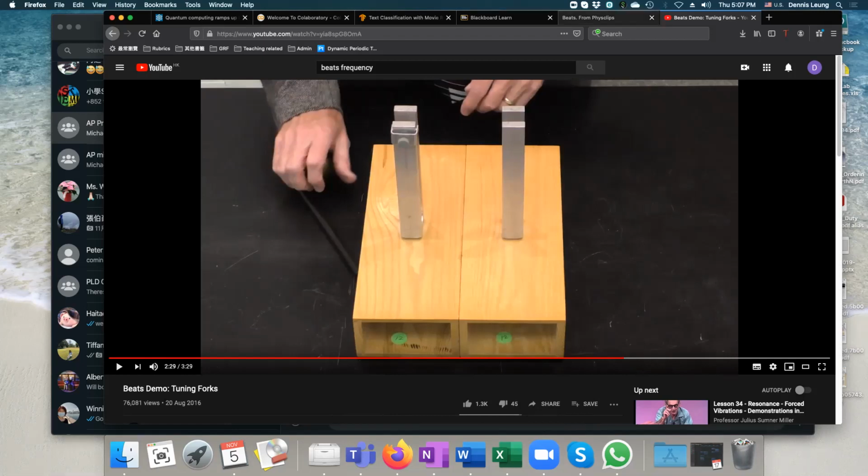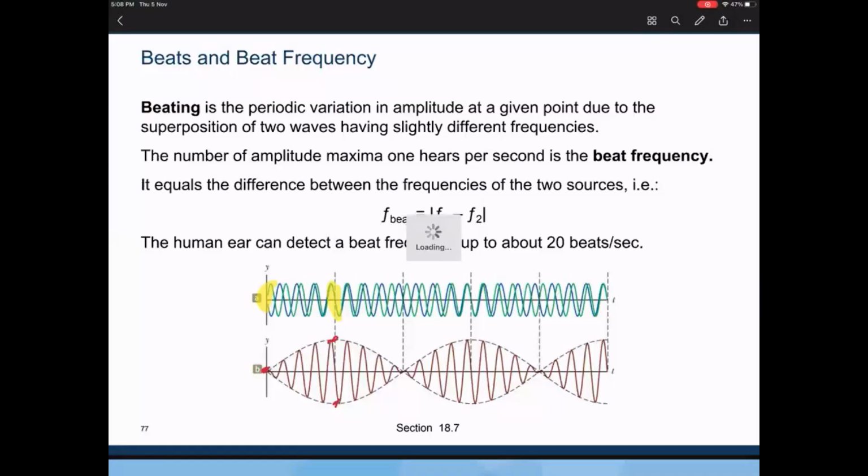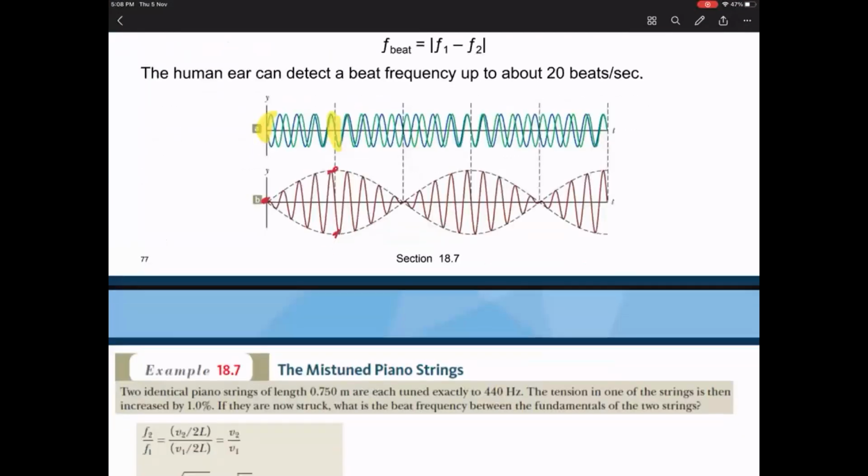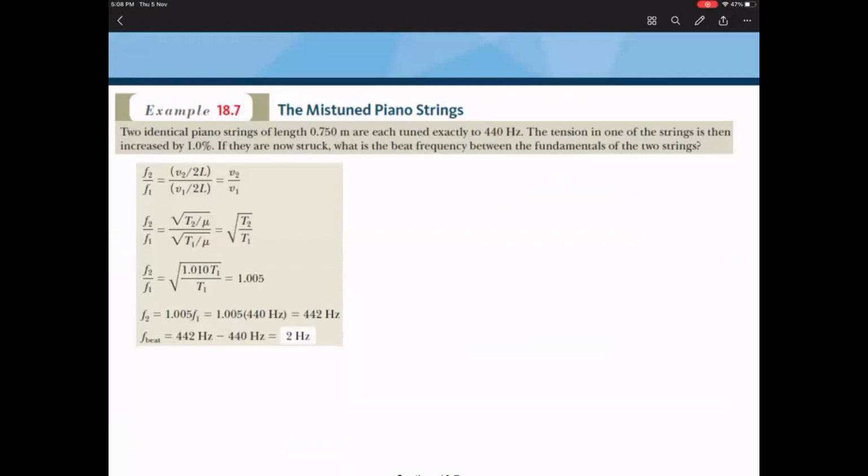Now, let's again try to go back to the lecture notes. So as I mentioned, this is the case of the tuning piano.